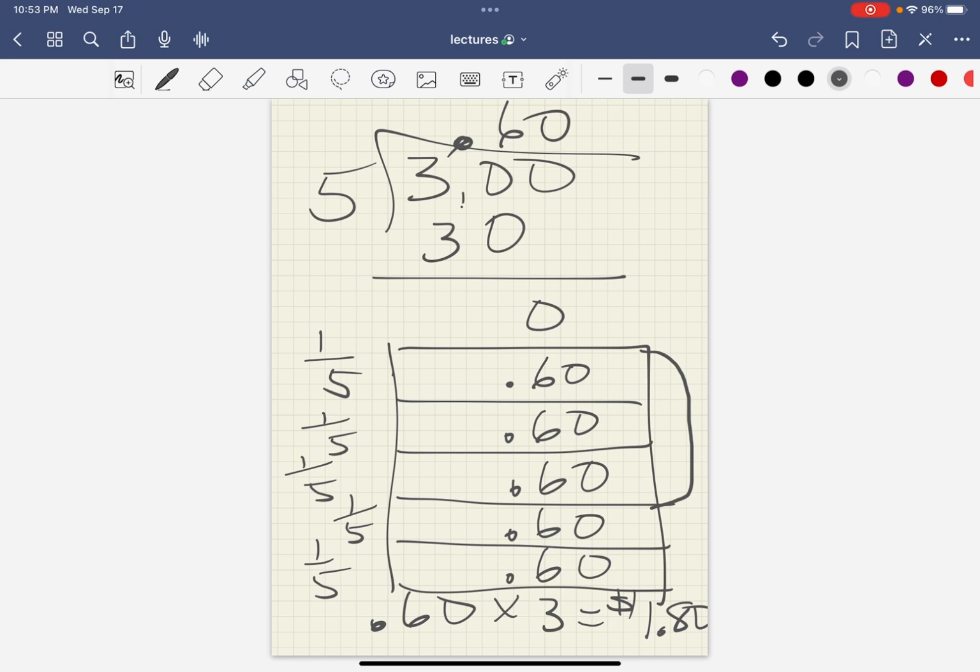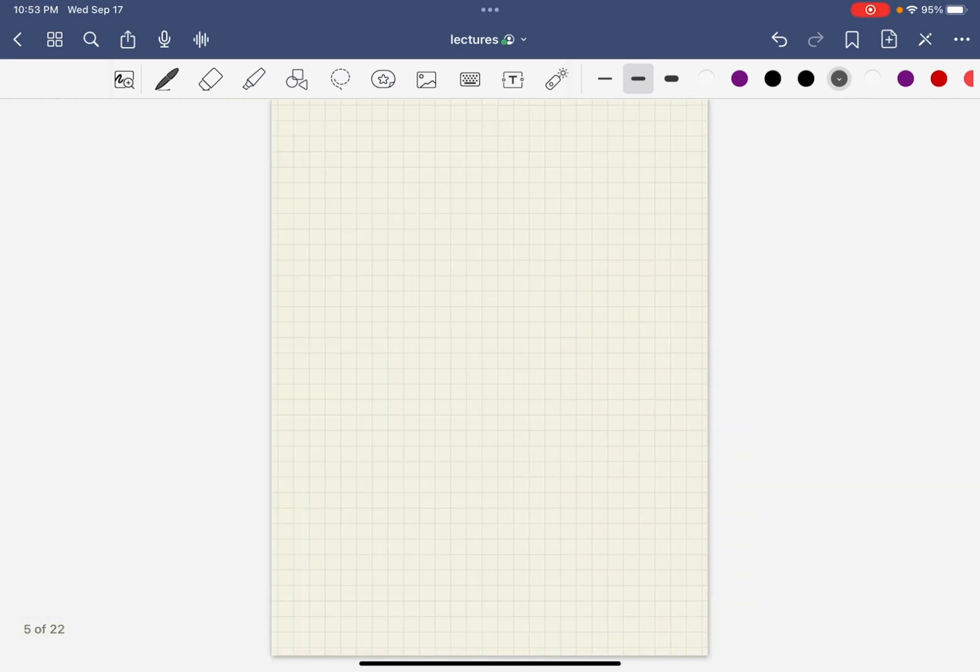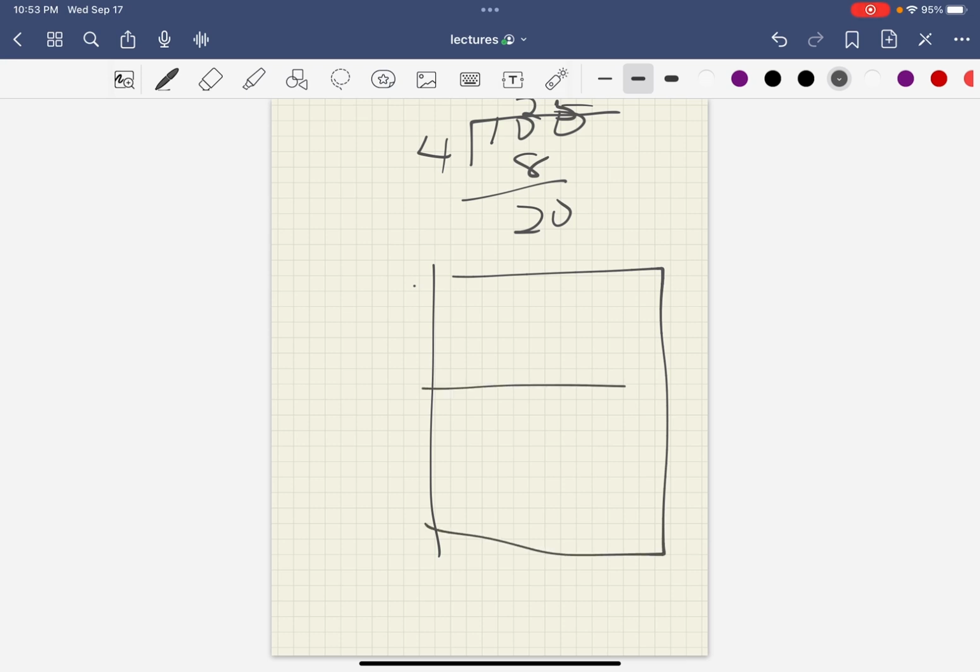Okay, another one on page 115. It says, what number is 3/4 of 100? So we have a total of 100. We're going to divide it into 4 groups. So 4 into 100 is 25. So we have 4 groups, and each one has 25.